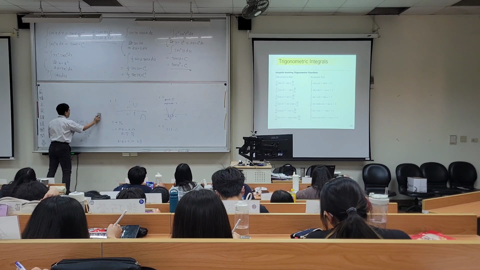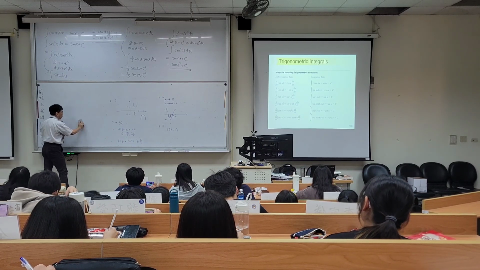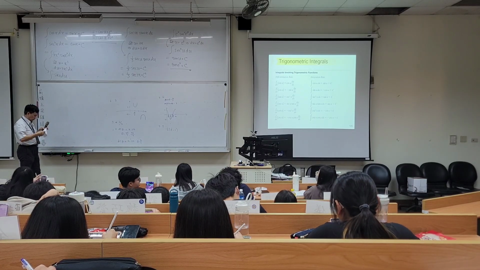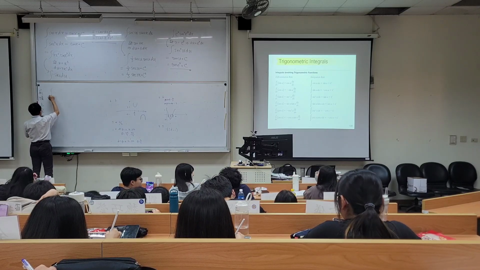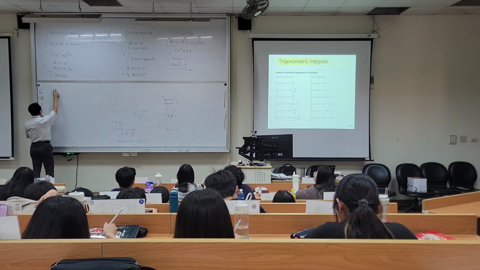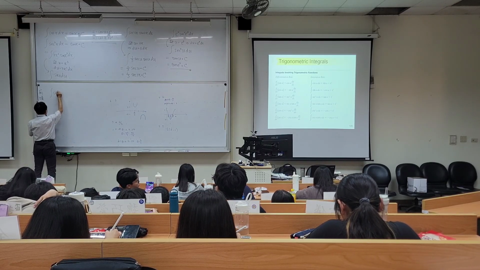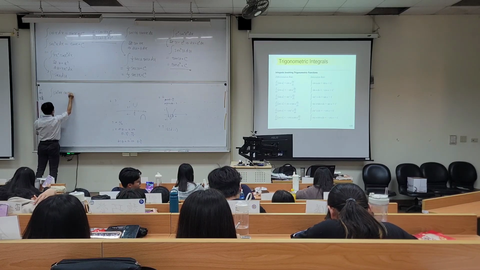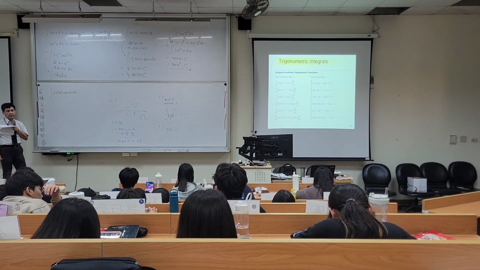This is probably the last example before we take a break. This one is a little bit difficult. It's sine square 4x and cosine 4x dx. Okay.